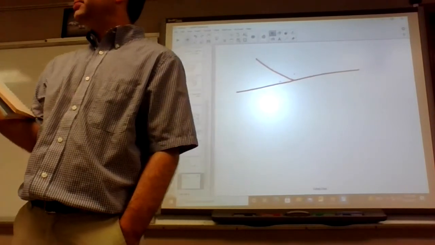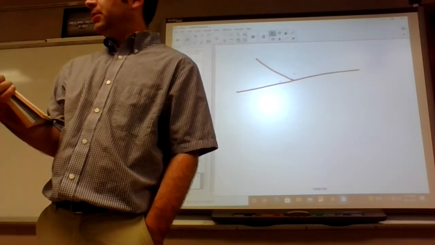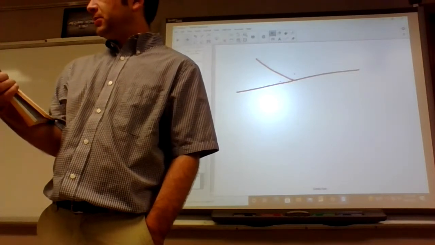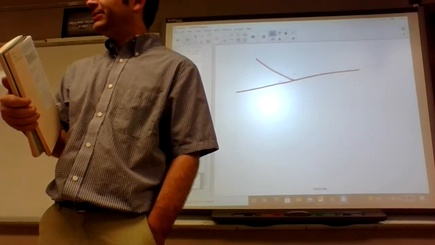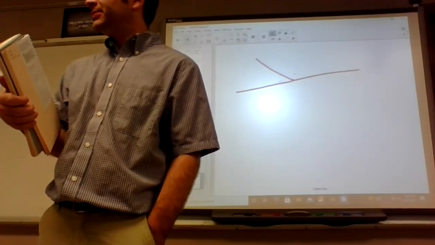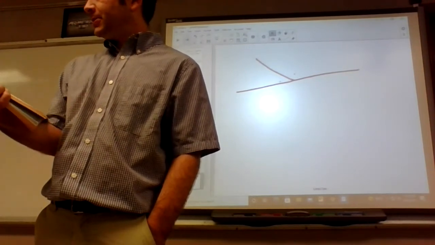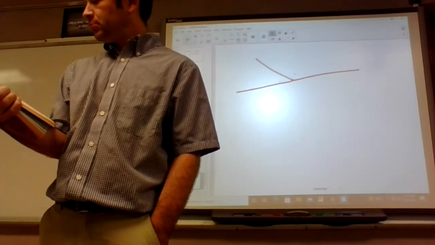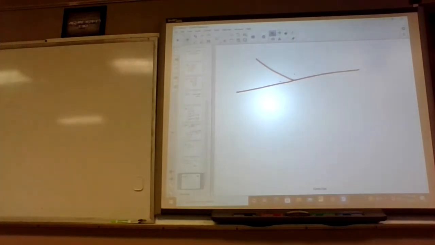How can we find the measurement of angle FGE? 50 degrees. Okay, why is it 50 degrees, Aiden? Because 90 minus 40. Okay, so Aiden said that angle AGE must be 90, because it shows a 90-degree angle right next to it. And he did 90 minus 40.